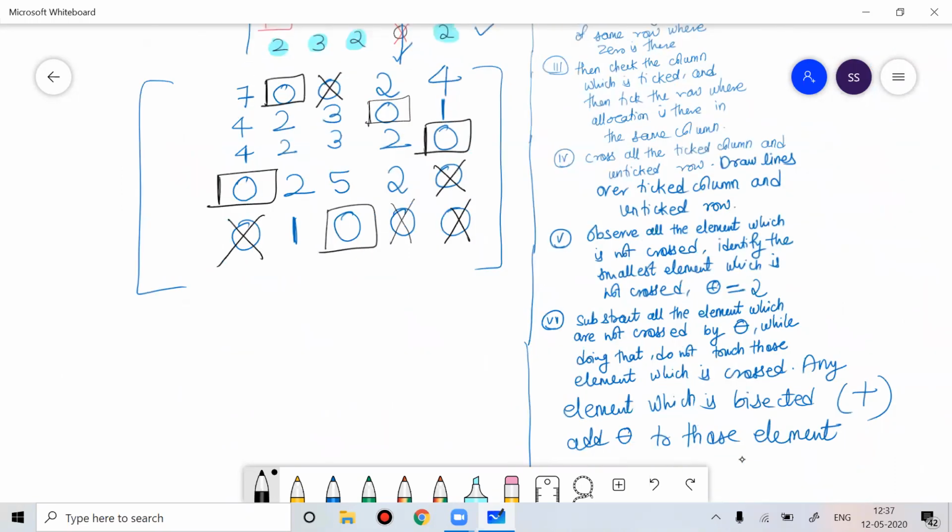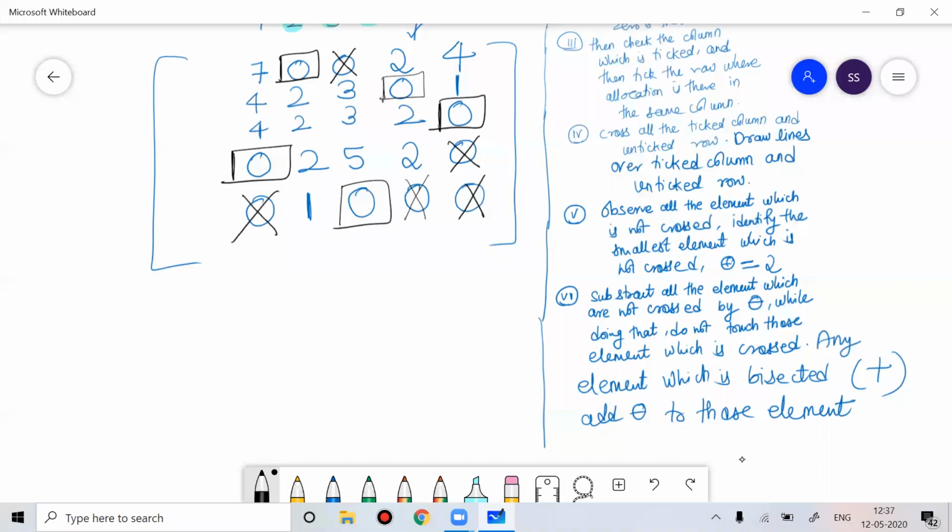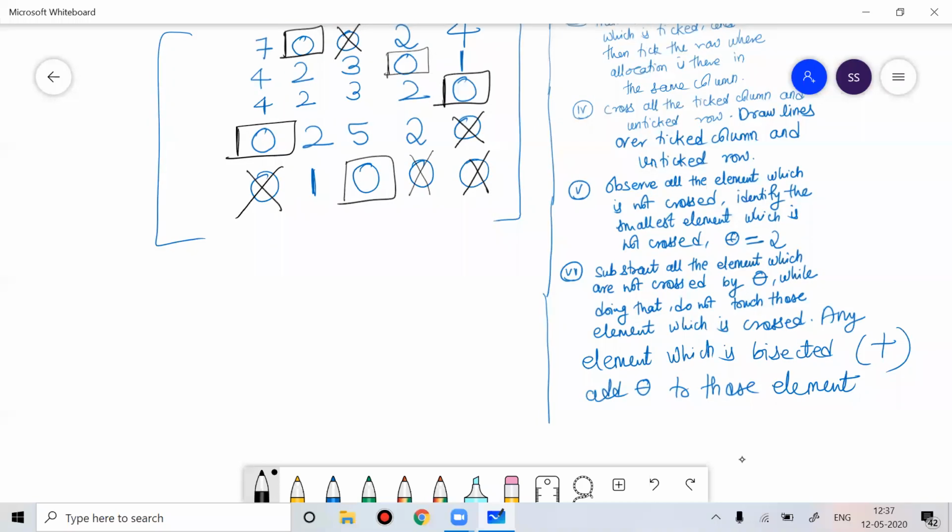Now if you compare this final output to your original data, your original data was 10, 3, 3, 2, 8. This is your original data.